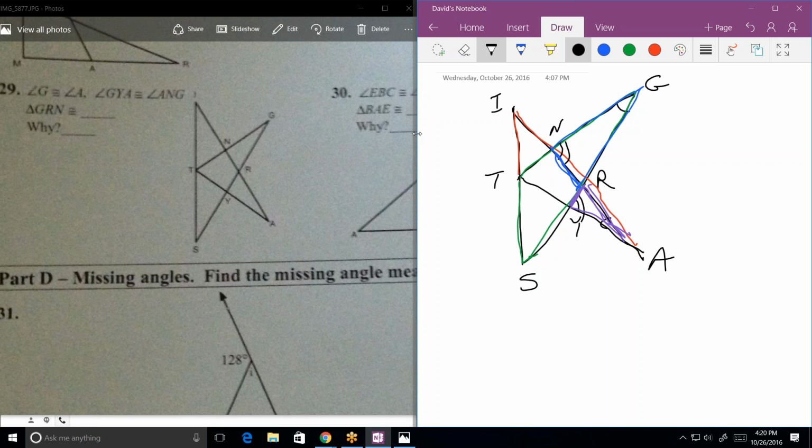Nah, sometimes it helps. I'm going to try it here, but it helps if you sometimes draw the figures outside. In other words, that's NGR, and that's what we're trying to prove is congruent to this one.